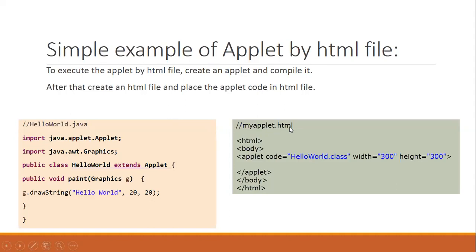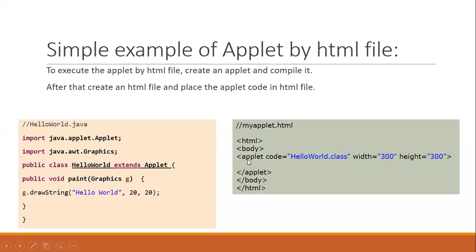Now you have to create one HTML file. As I told you on the first slide, applets are embedded within the web page. So you have to create an HTML file with html and body tags, and inside that I am using the applet tag. This is the tag I have embedded in the HTML file.